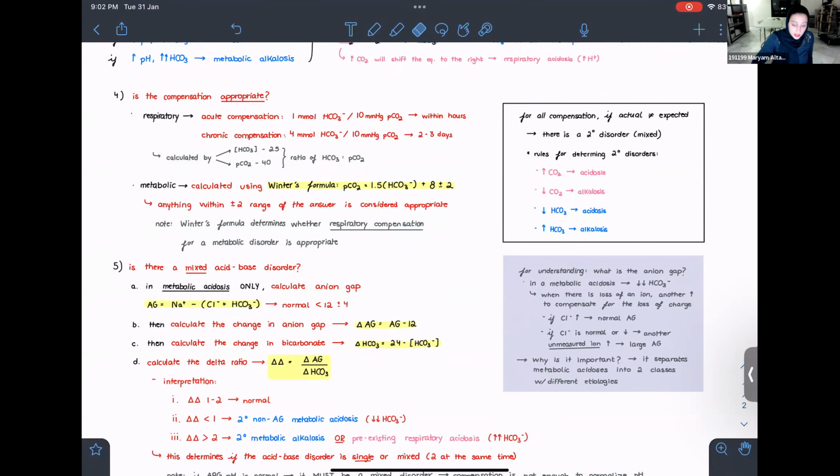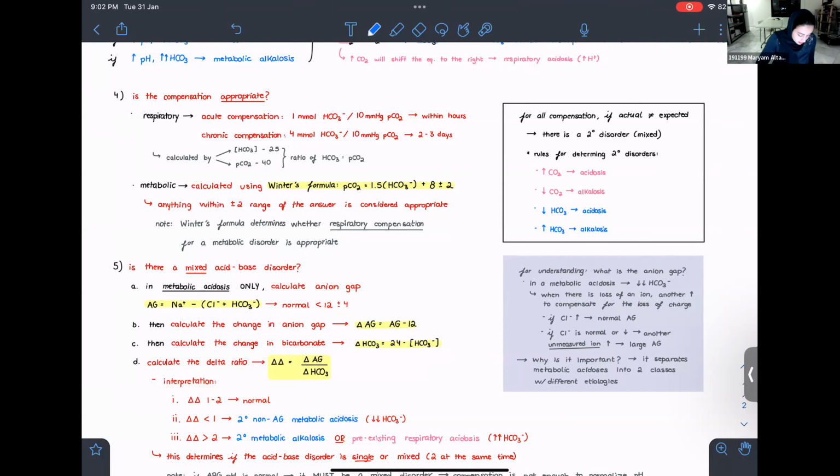Now, for the metabolic problems, we're going to calculate this using Winter's formula. Again, compensation is appropriate because we need to know, is there a secondary underlying disorder? So Winter's formula says PCO2 should equal 1.5 times the bicarb plus 8, plus minus 2. So what we're going to do here is we have a metabolic acidosis, okay, or alkalosis.